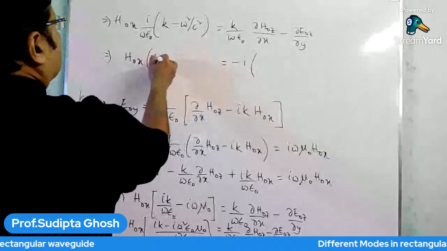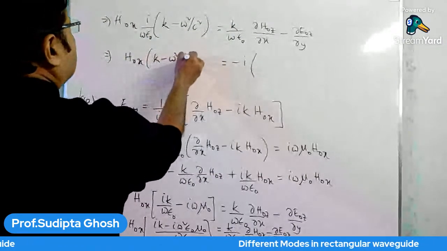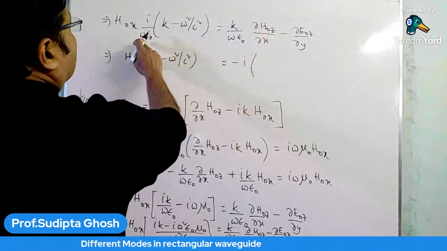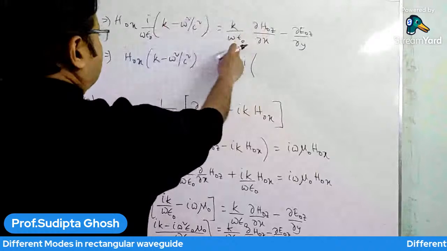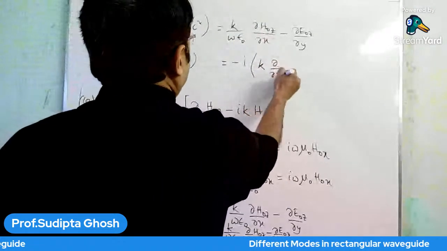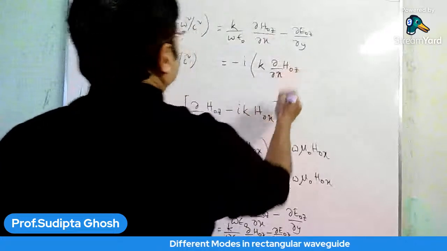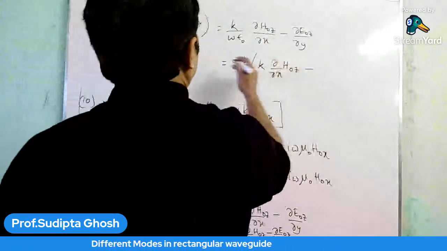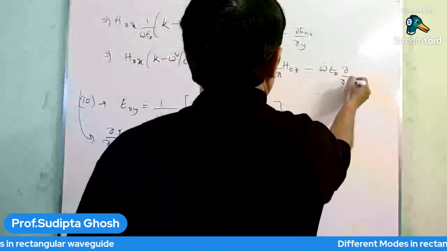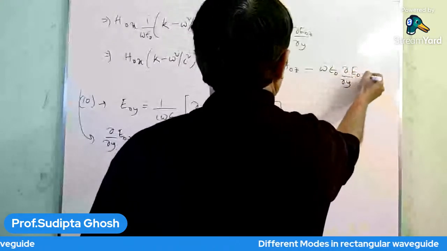I am multiplying this with omega epsilon 0, and it cancels with the first term, and then it will be k del x of HOZ, and then minus omega epsilon 0 into del y of EOZ. Is it okay?